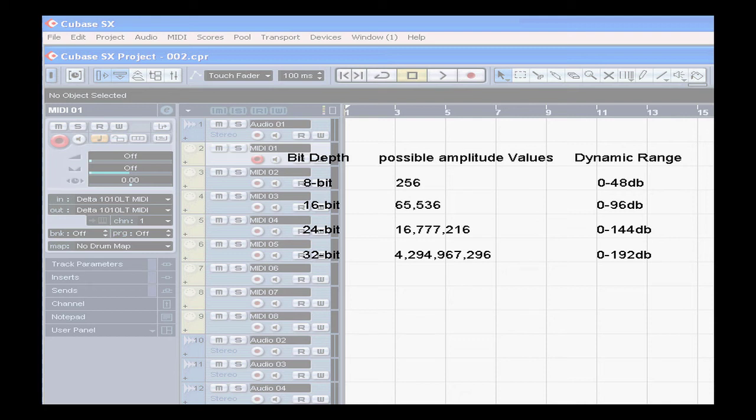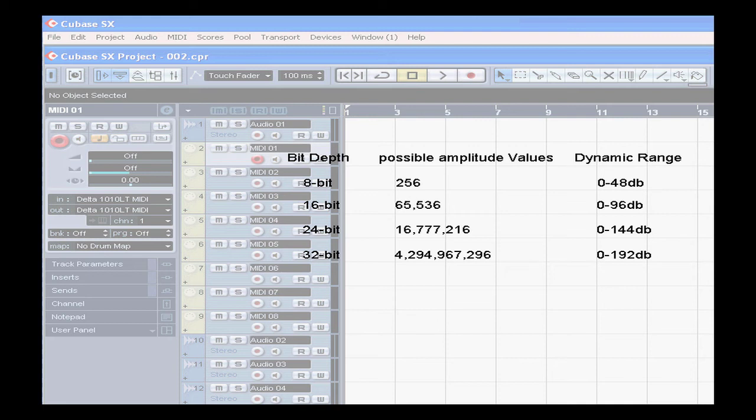We get about 66,000 possible individual settings between your softest and loudest parts of the audio. Our dynamic range can go as low as minus 96 decibels. 16-bit resolution is what you use for music CDs.